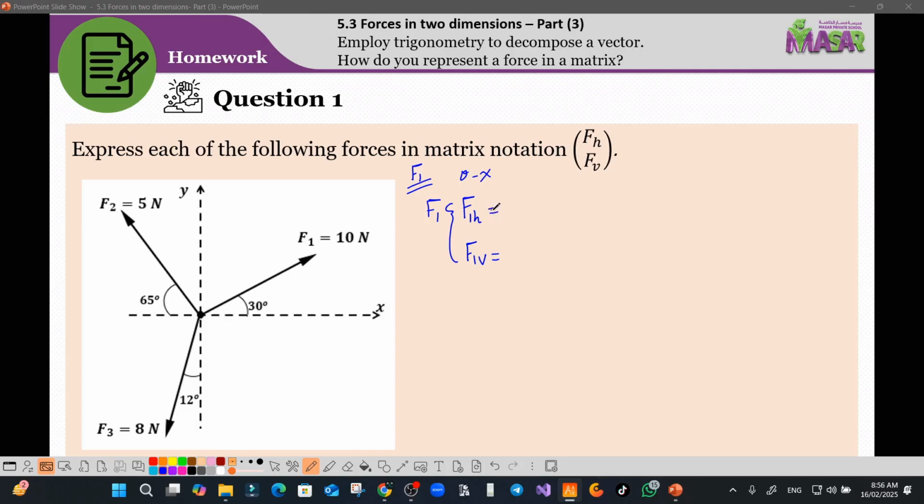And we can see here the force is in the first quadrant. In the first quadrant, everything is positive. So F1 cosine the angle, F1 sine the angle. Now F1 is given by 10 cosine the angle, which is 30, and 10 sine 30.